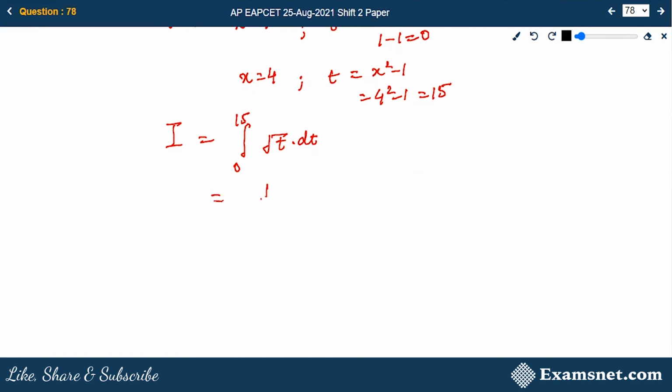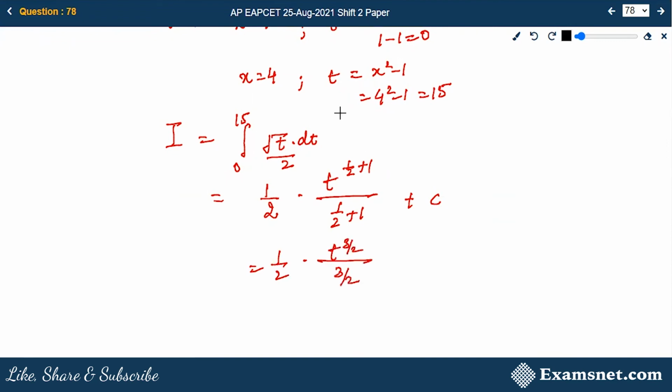So this is half into t raised to power 1 by 2 plus 1 divided by 1 by 2 plus 1, plus some c. Right? t raised to power 3 by 2 divided by 3 by 2, plus some c.